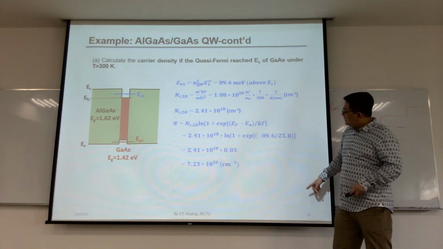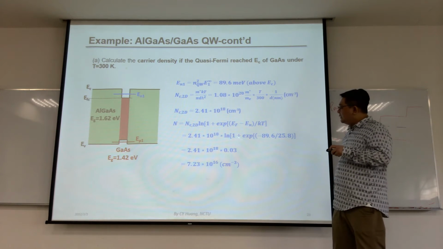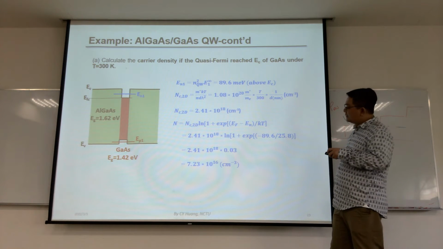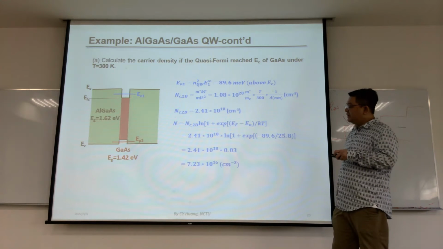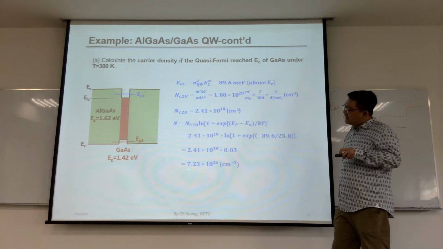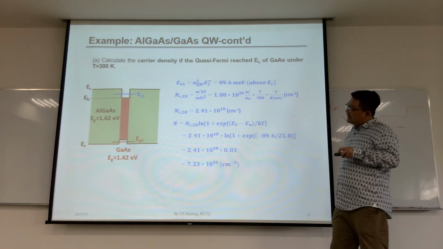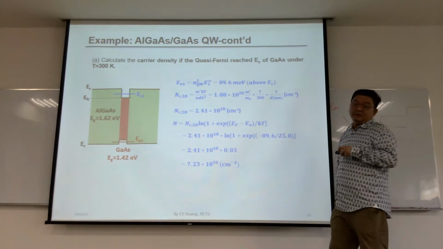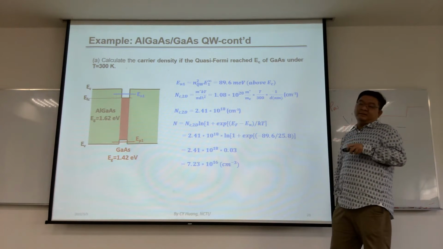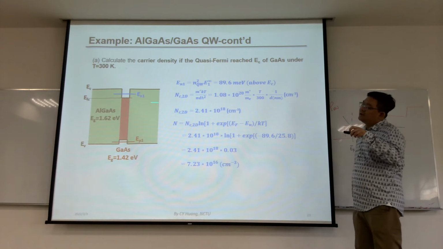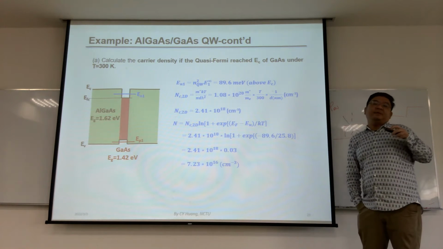Alright, so we can put it down, and the exponential term plus 1, then it becomes, not too much, only 0.03. So you only need to inject 7.23 times 10^16 per cubic centimeter carriers to let the EFC reach the edge of the conduction band.